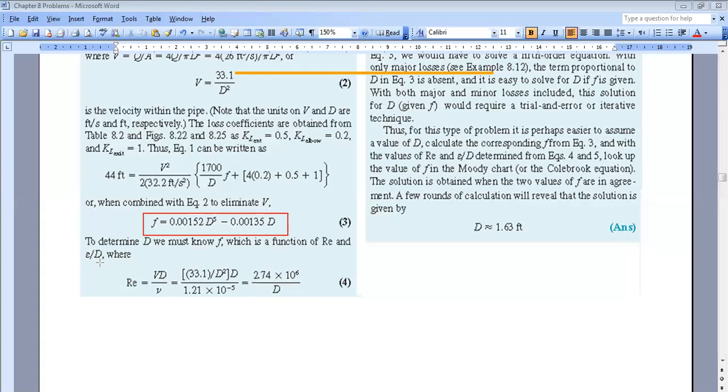Now the issue is how to start the assumption. Of course, here you need to have a certain experience; if you do some applications, you will know nearly what is the range of diameters we use. Okay, so for example, for a ducting system, we can start by saying D equal to 2 feet is an acceptable value.